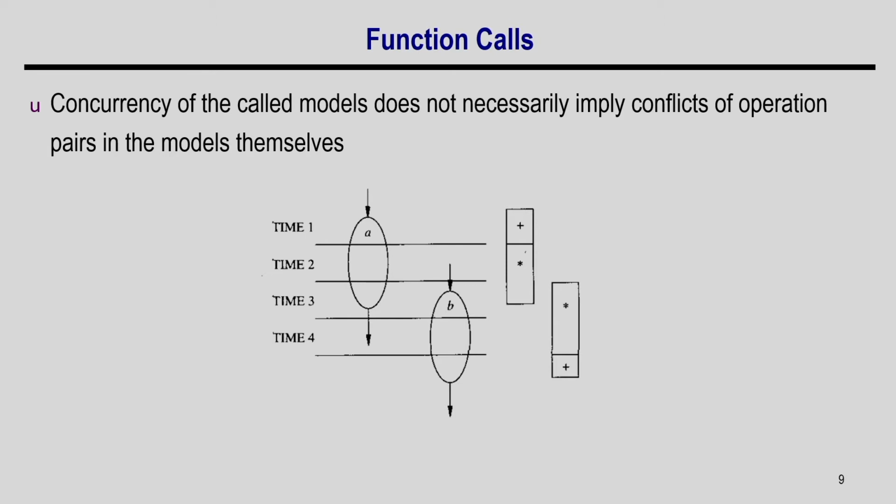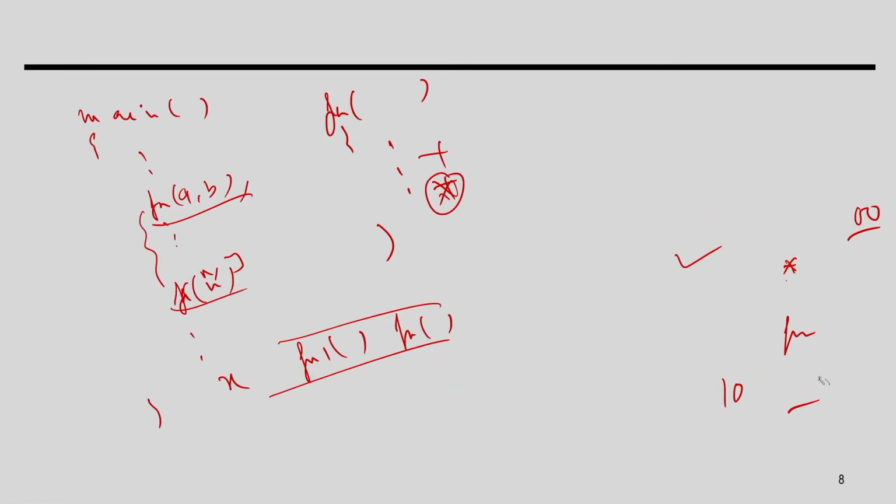With this objective in mind, let us move on and try to understand how function calls look. The first case is two calls of a function which are non-overlapping.